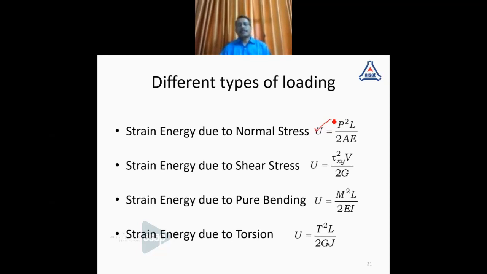And these are the expressions. The first one we have proved. The proof has been explained.